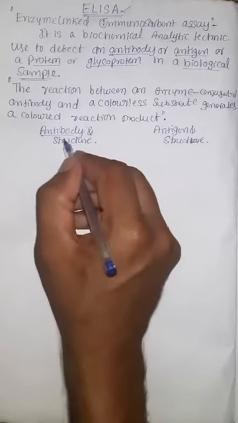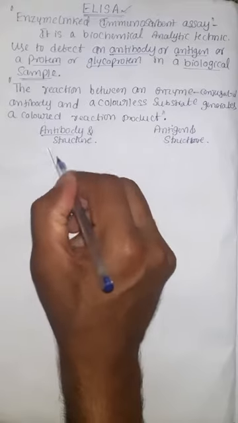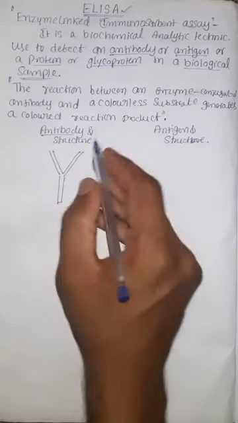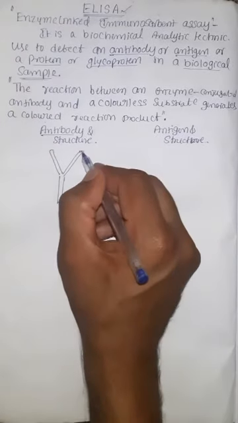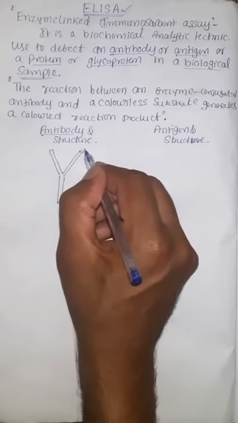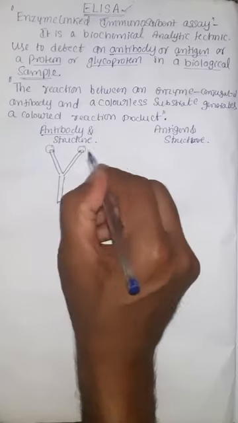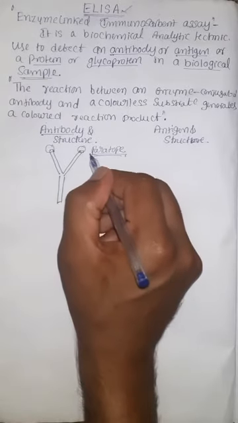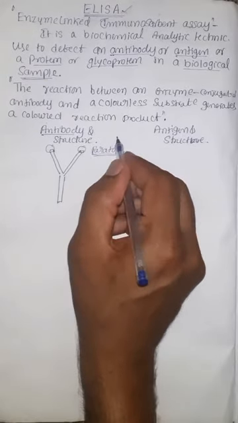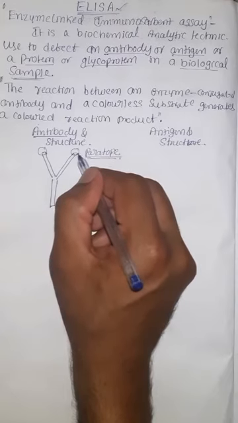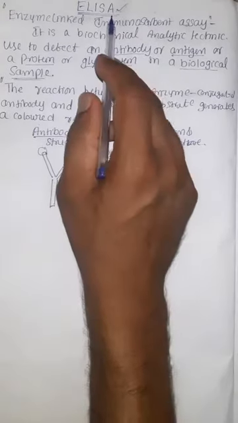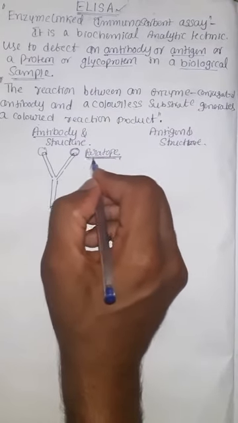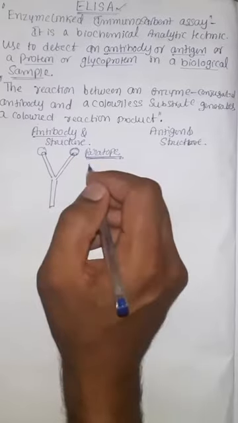It consists of a Y shape. Each arm consists of a special site called the paratope. It is the site where the foreign particle is attached. That's why, in this ELISA test, the paratope is a very important site on the antibody.